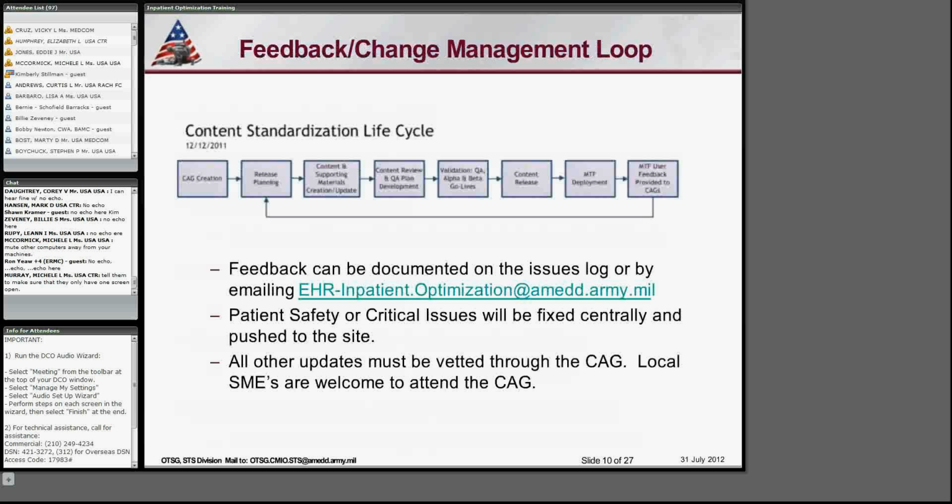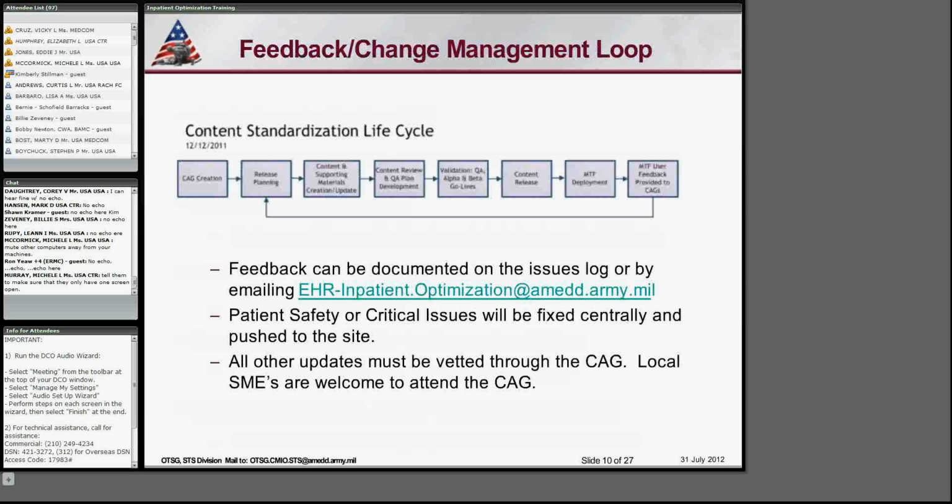Any feedback that your facilities or anyone has about the standard content can come to that email address. Of course, we ask for solutions with the problem. So if there's an issue, like, I don't like this, then give us a suggestion for how to make it better. So when you're talking to your folks, make sure and advertise that email address.